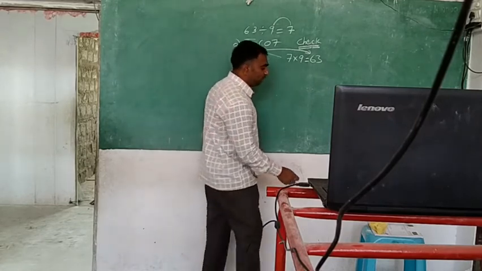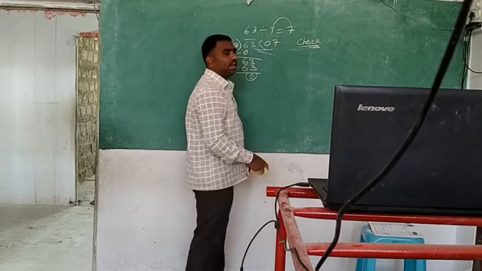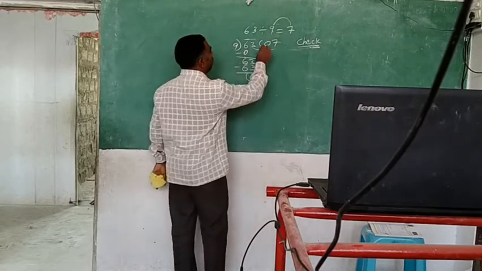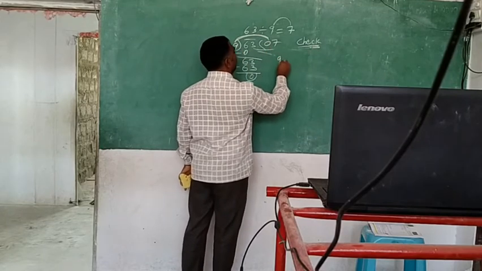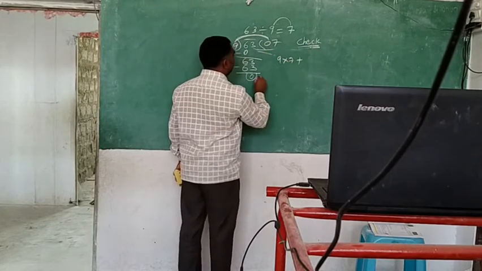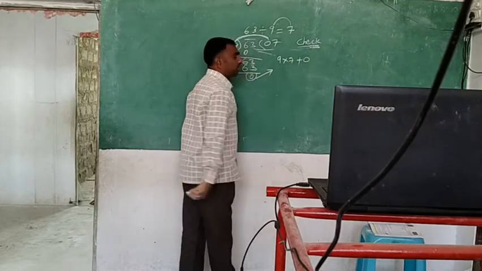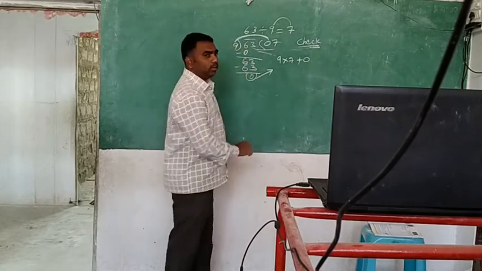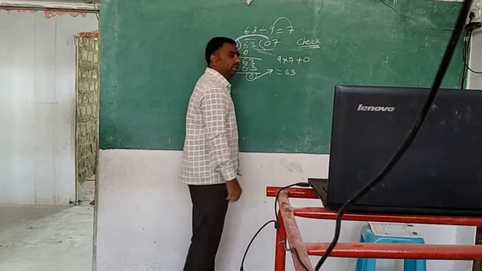How do you check the division? You know, whether the division which you have done is correct or not. How do you check? We will multiply these, which are 9 and 7, and we will add the remainder. The remainder is 0. Add it. Then you check it. 9 sevens are 63 plus 0 will be 63.